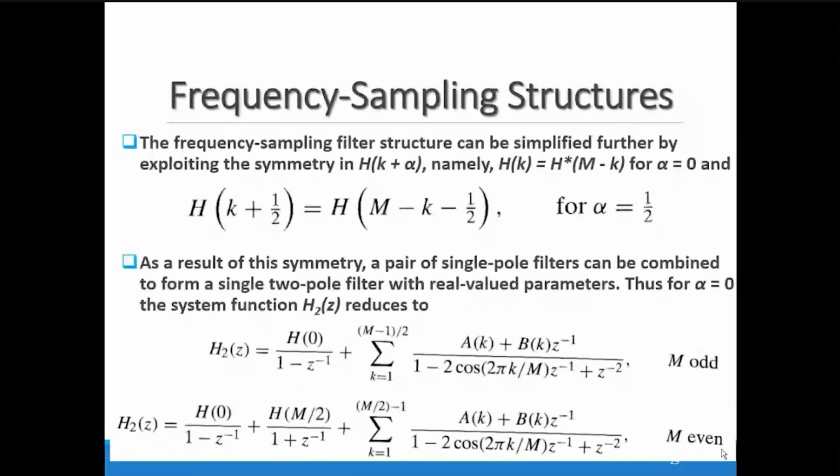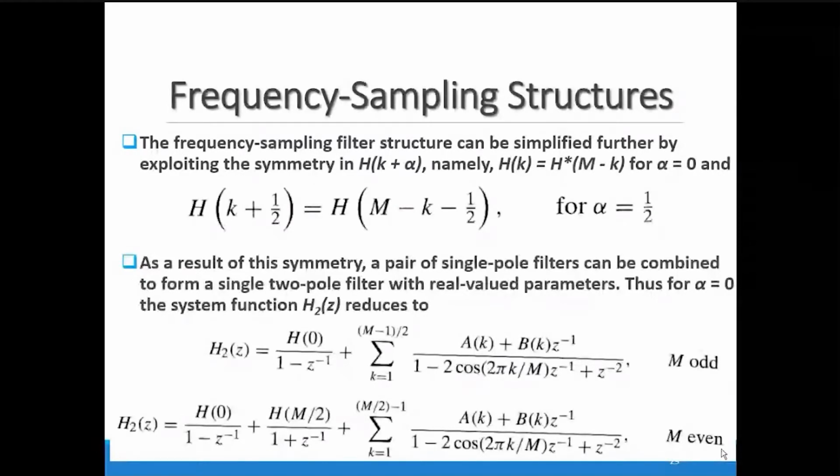The previously discussed system function H(z) now reduces to H(z) = H(0) divided by 1 minus z inverse, plus the sum over k equal to 1 to (M-1)/2 of (A_k plus B_k z inverse) divided by (1 minus 2 cos(2 pi k/M) z inverse plus z to the power minus 2), where M has an odd value. So if M is odd, you apply this equation.